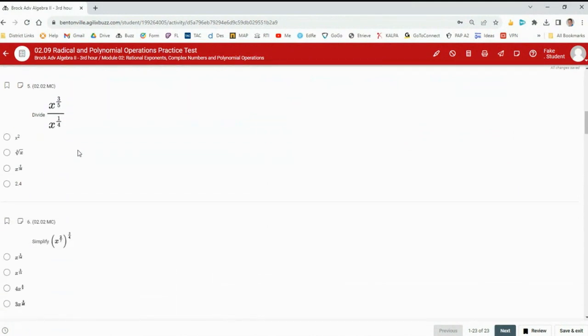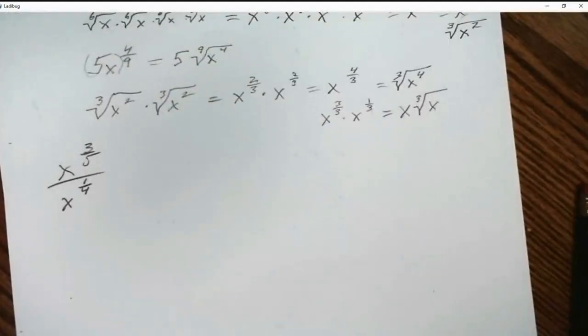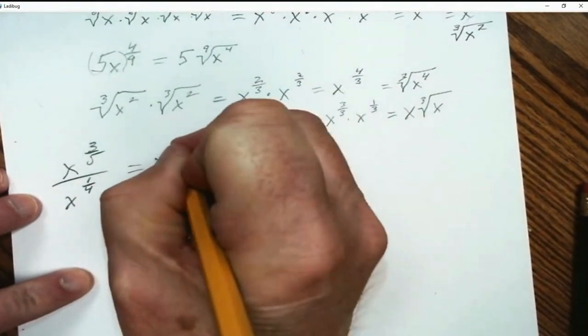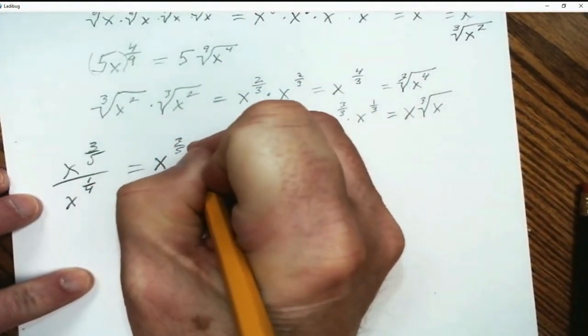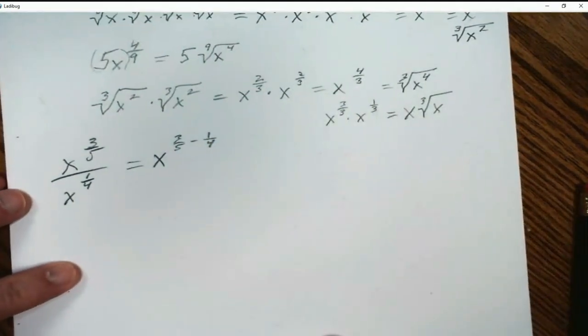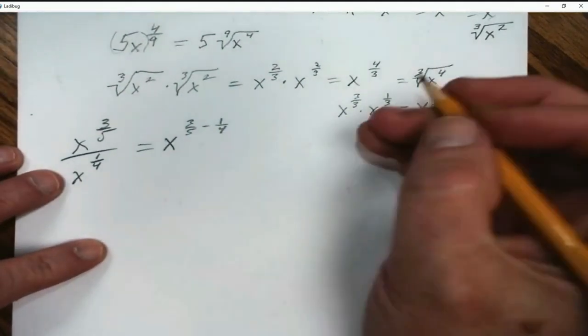All right. Divide x to the 3/5 divided by x to the 1/4. Okay, we know when dividing exponents, we can subtract the fractions. 3/5 minus 1/4. So what is 3/5 minus 1/4?